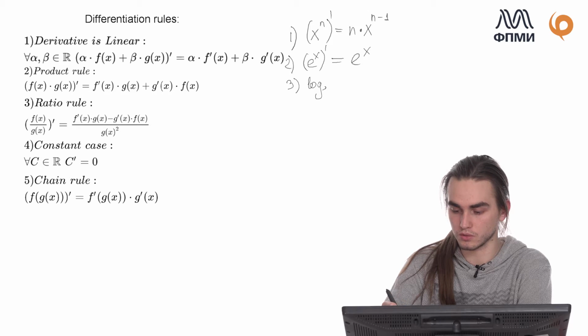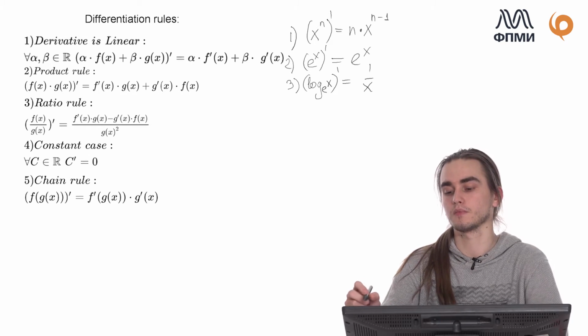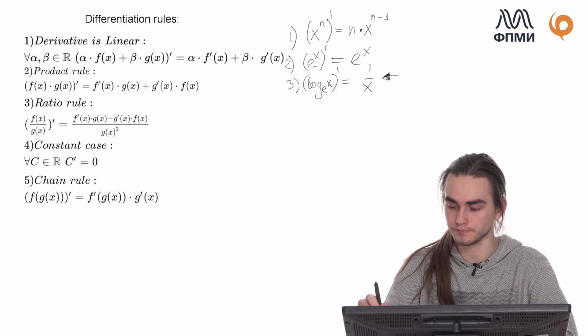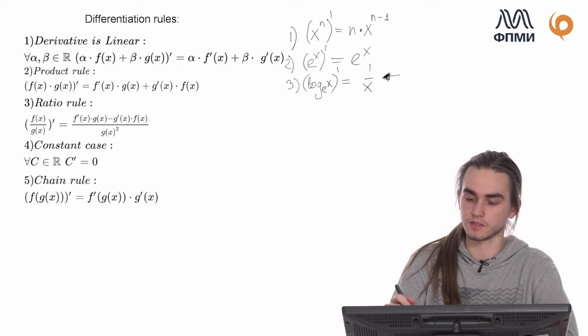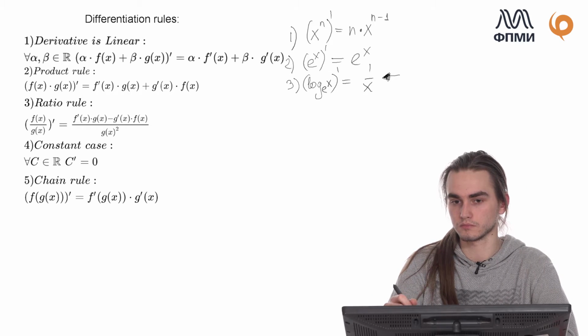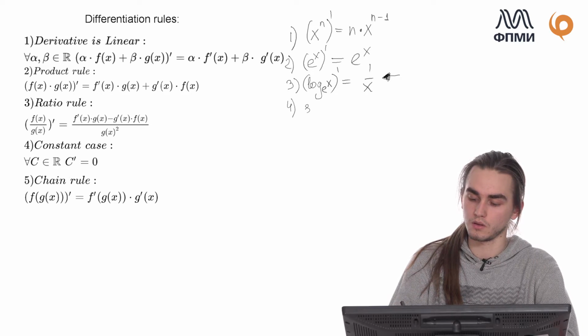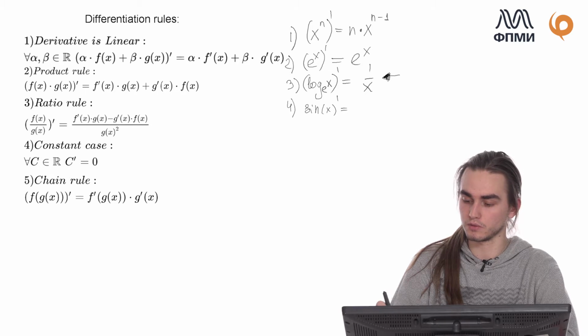I will use the natural one. So its derivative just looks like this. This is actually a good practice task to prove. Then there are some less cool ones. So this one, if you take the prime of it, it will be cosine.